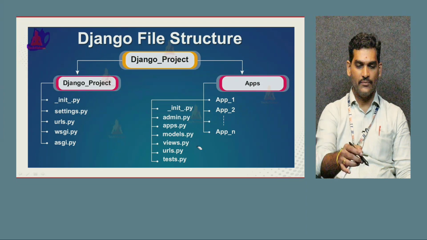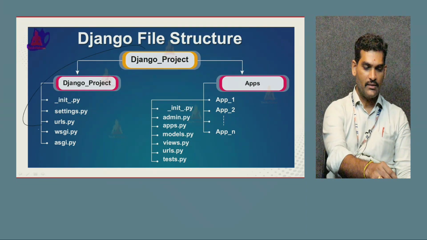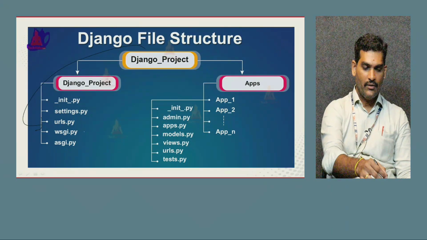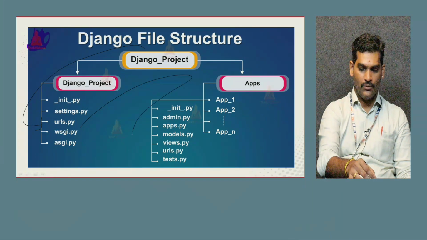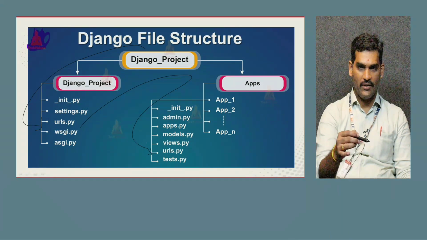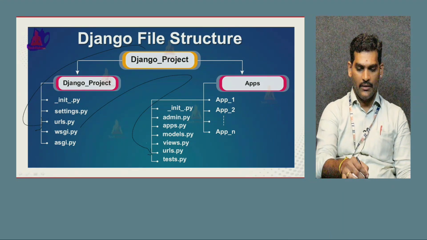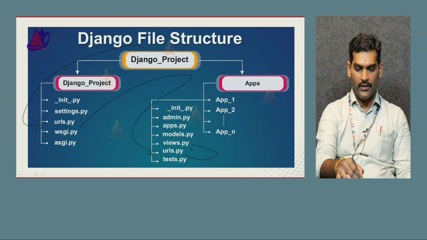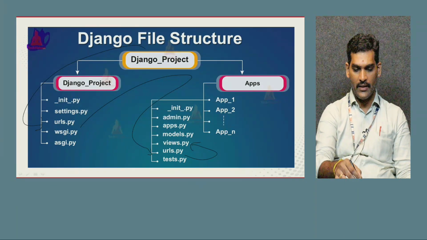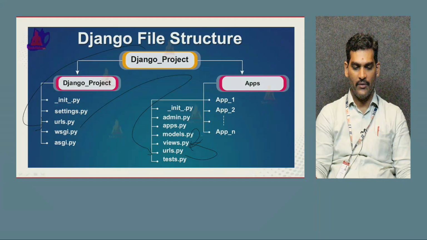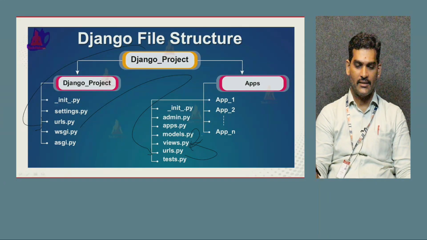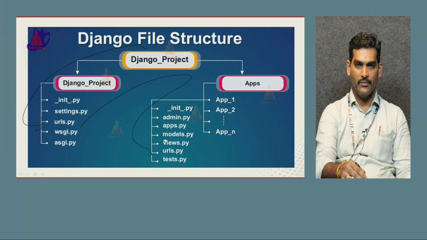Whenever a request comes, it comes to the project urls.py, which is redirected to the particular app's urls.py. That urls.py redirects to views. Views will extract the required information from models.py or elsewhere. Like that, the execution will be done.